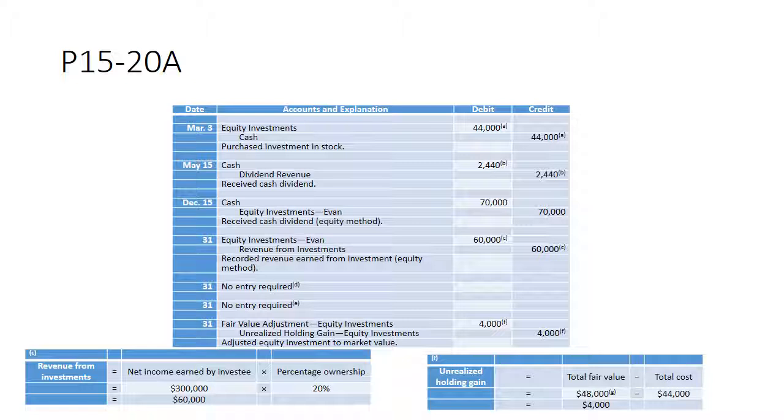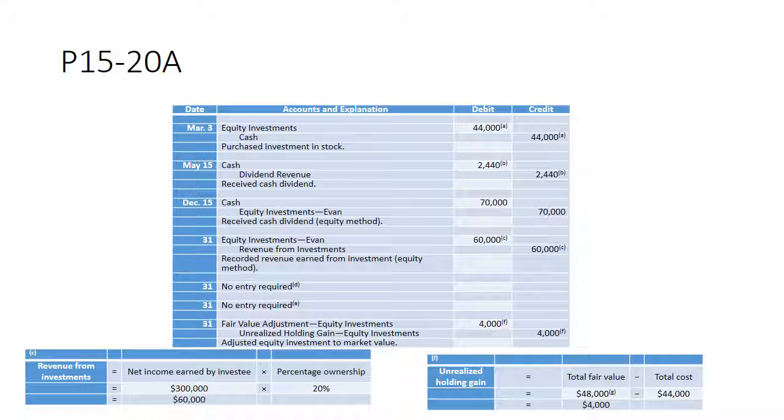So this is important. We'll take the $12 a share times the 4,000 shares. So the fair value of Lilly's shares is $48,000. How much did we originally pay for them? $44,000. So again, we will debit that adjunct account, fair value adjustment, equity investments, $4,000, and credit unrealized holding gain, equity investments, $4,000.